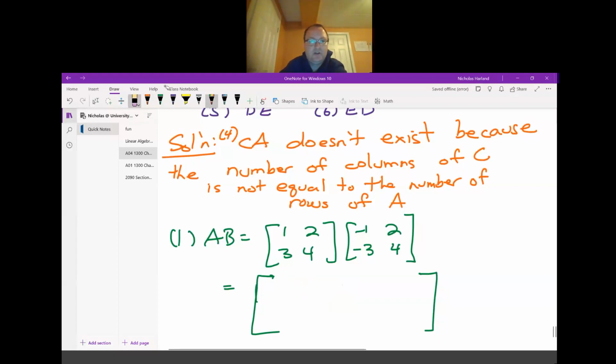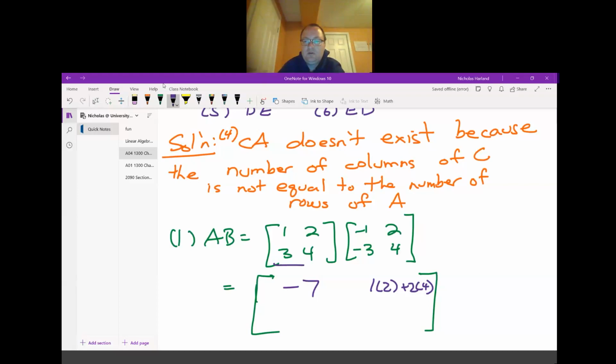All right, so first row times first column gives us -7. For first row, second column, we take the first row of A times the second column of B. And what do we get? We get 1 times 2 plus 2 times 4, which, as some people are pointing out, of course, is just equal to 10.